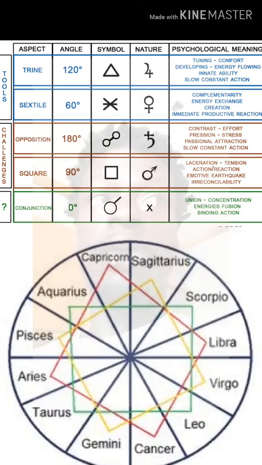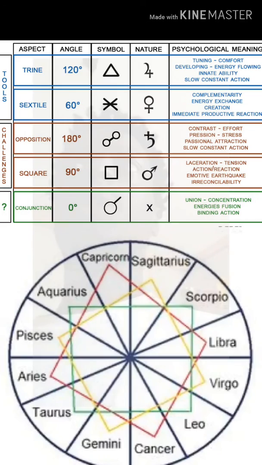Since Capricorn and Aries are at a 90 degree angle, remember we're on a circle, we stand in the square, 90 degrees. From here to here is a square, here to here is a square. So Capricorn to Aries, or we could say from Leo to Taurus, or Leo to Scorpio, that'll also be a square because it's 90 degrees.